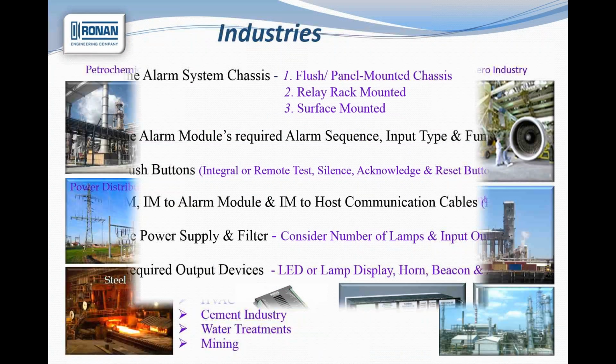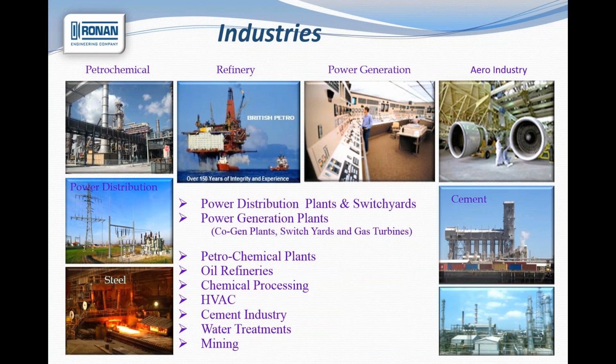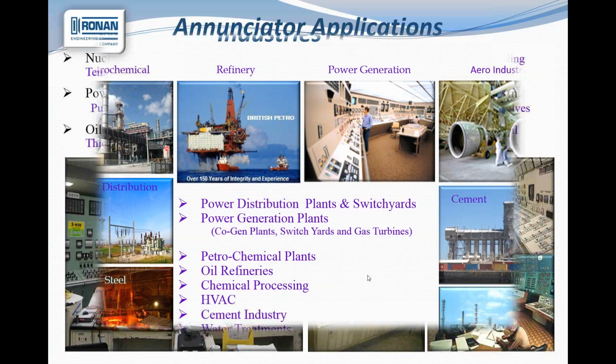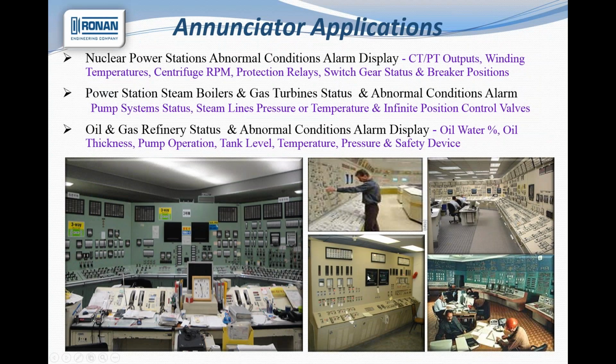So here are just a few industries where these have been used and could still be used today. Obviously, these industries are pretty similar to our measurement industries, so it's a good complement. And here are some specific applications in the power plant, nuclear power substation.